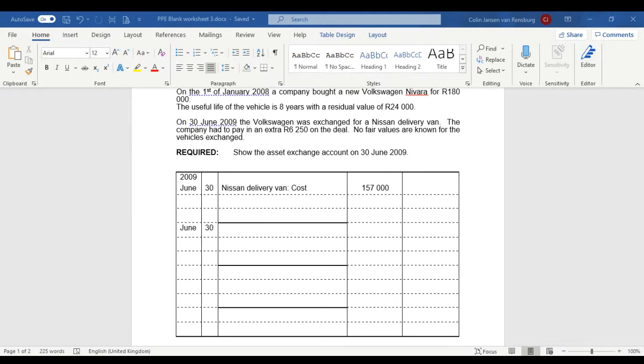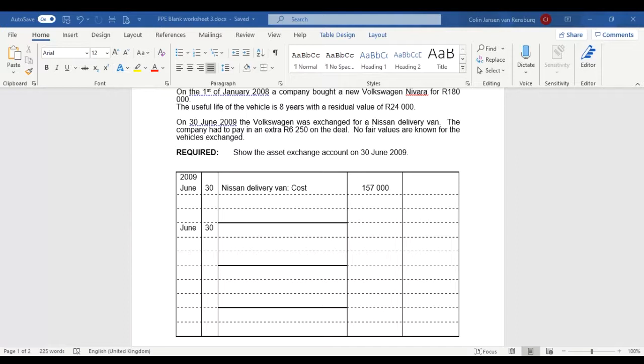So now because we are going to use this old asset as partial payment for the new asset, it means we are no longer going to own it. So we must now go and get rid of any balance that carries the value of the old asset. Now let me ask you a few questions here.